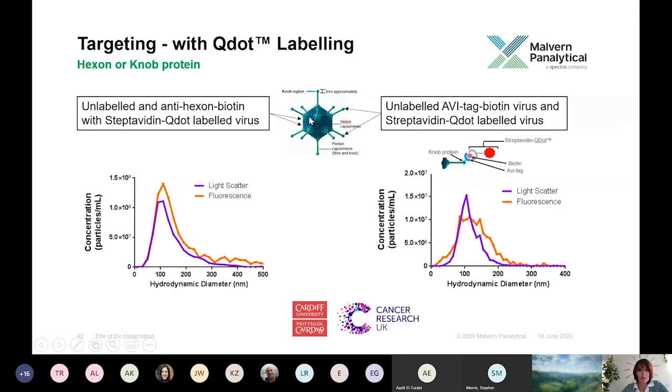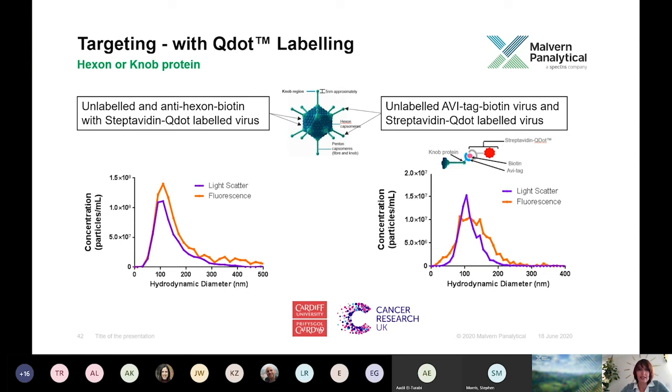To target the hexon protein in the virus capsid, an anti-hexon biotinylated antibody was used, and next it was linked with streptavidin quantum dots. Sample then was diluted and measured with 405 nanometer excitation, and the fluorescent signal was collected with a 430 long pass filter.